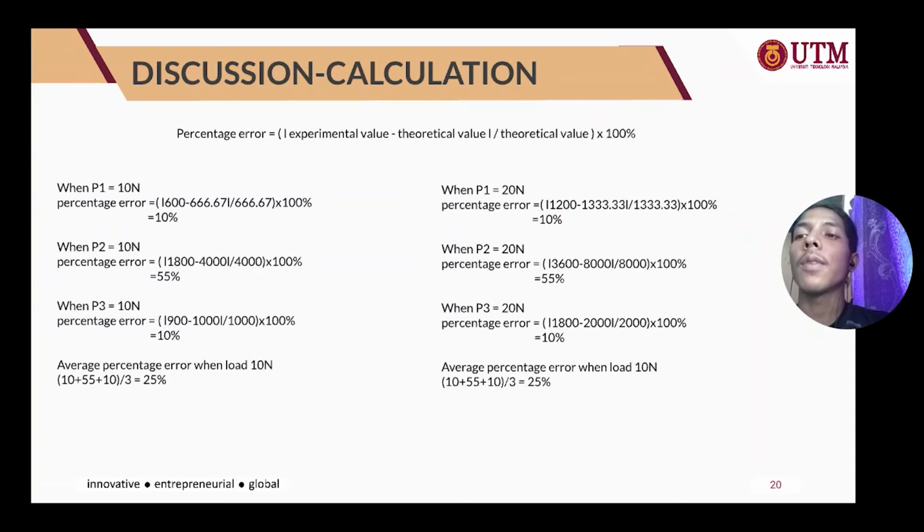Just use the formula: percentage error equals theoretical minus actual, which is the experimental value, multiplied by 100%, and then we got the data. For load 10 Newton, the average percentage error is 25. For 20 Newton loads, the average percentage error is also 25.